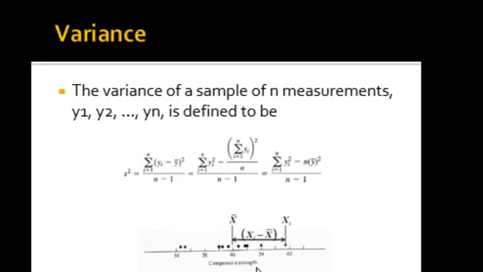This diagram shows you what this yi minus y bar means. Here we have x instead of y, but it's the same idea. These dots represent the observations, and the mean of these values is here, x bar. The distance between these observations and the mean is what we are looking at.